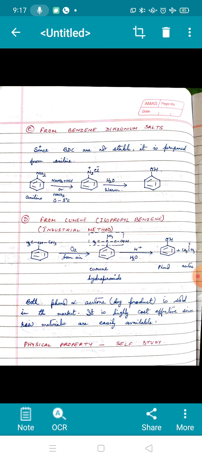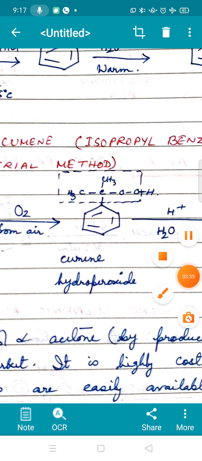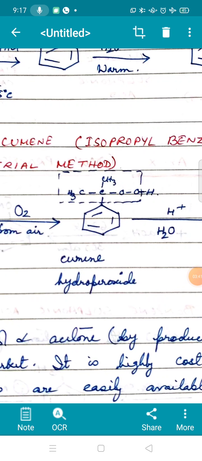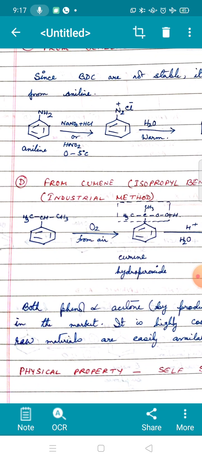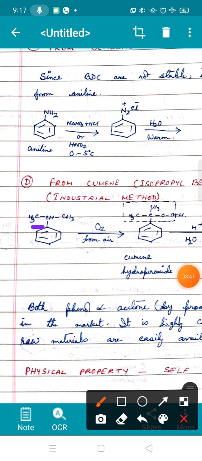Now if you remember, oxygen-oxygen single bond linkage is called peroxide linkage. So here between two CH3s, you can see I have written this CH3 here and this CH3 I have written here, and in between C and H you get this OO, that is peroxide linkage. That's how you remember how to write cumene hydroperoxide.